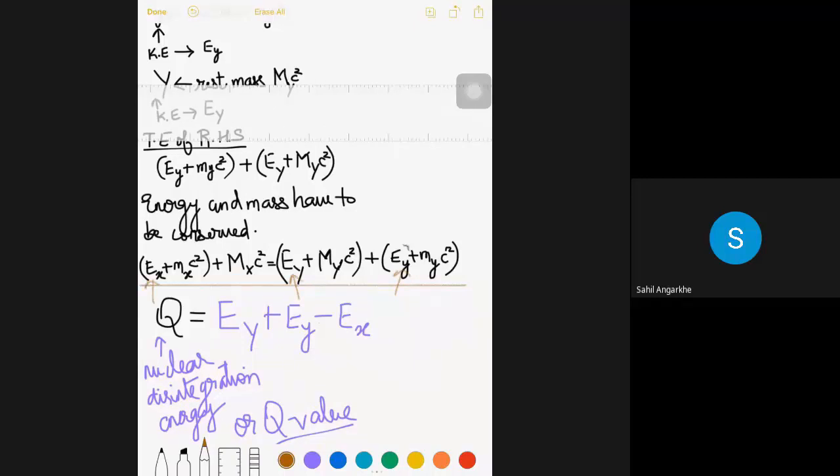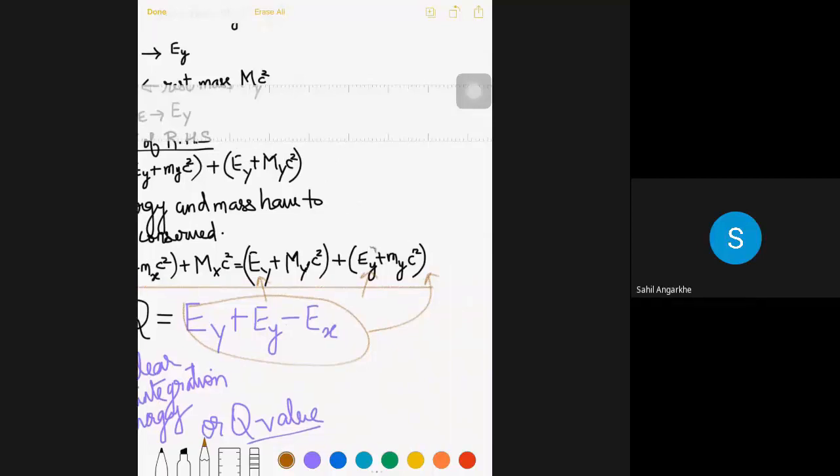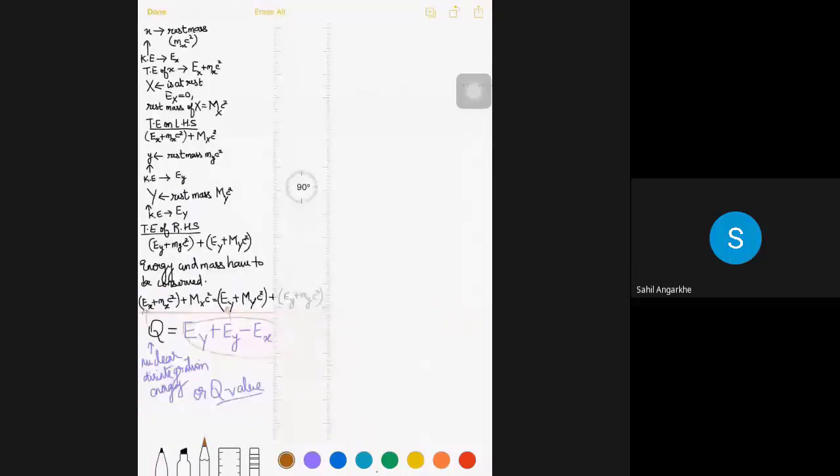Now what I can do is easily find this from the equation which I have underlined in brown. Is that clear?